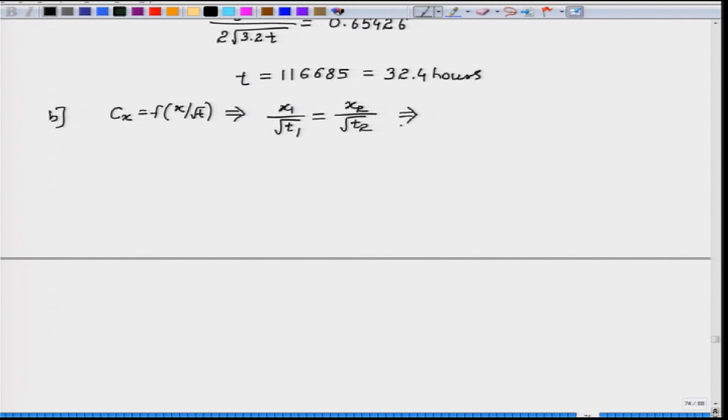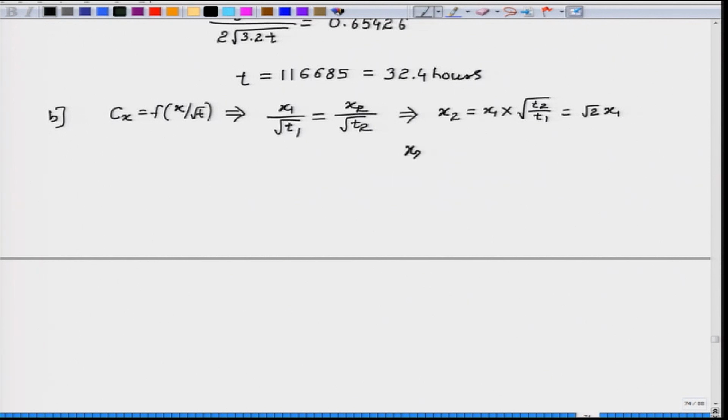So, if you want x 2, that should be equal to x 1 times root of t 2 by t 1, and the problem says the carburizing time is doubled. So, t 2 by t 1 is 2. So, this becomes root 2 times x 1, which suggests that if we double the carburizing time, the case depth should become root 2 times the original one.